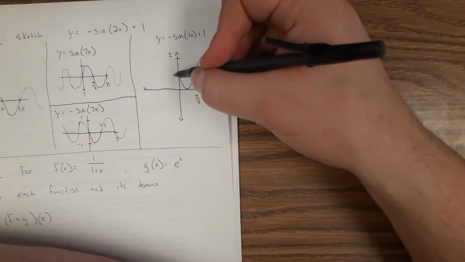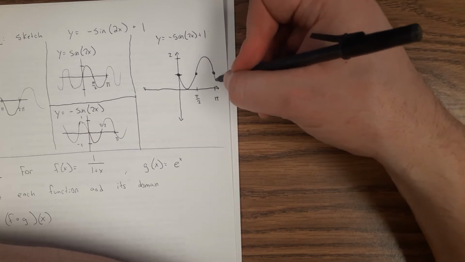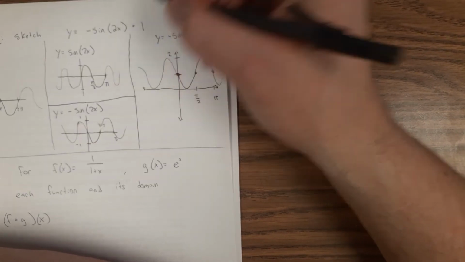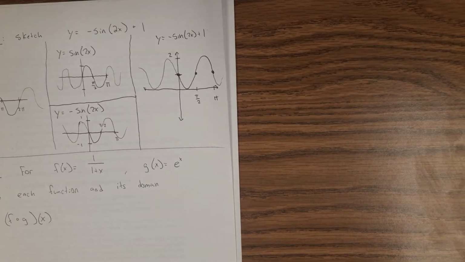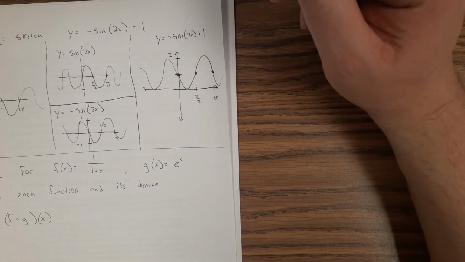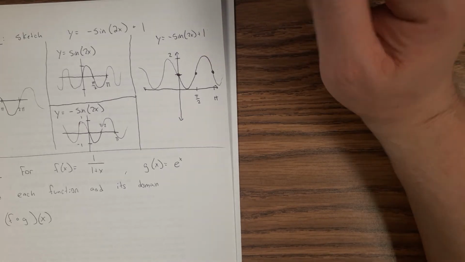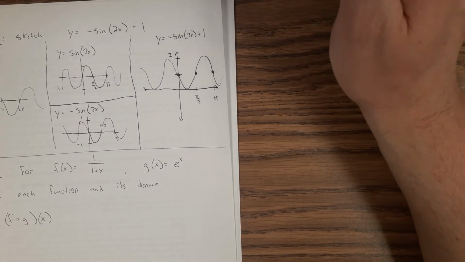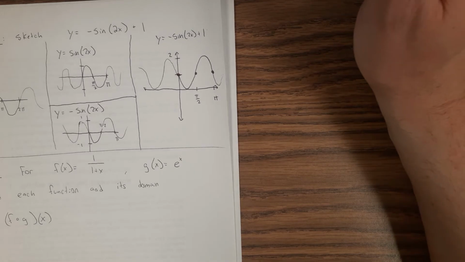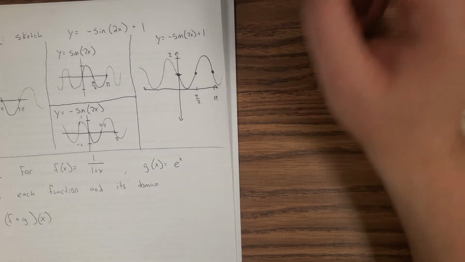Then it just repeats, up and down, up and down. You don't have to be a great artist to do this. Of course, I'm not, but you do need to get the general shape of the graph. These pictures are good enough for me.